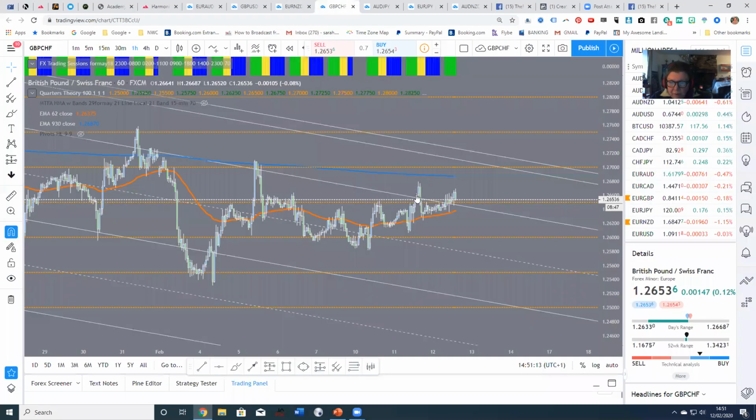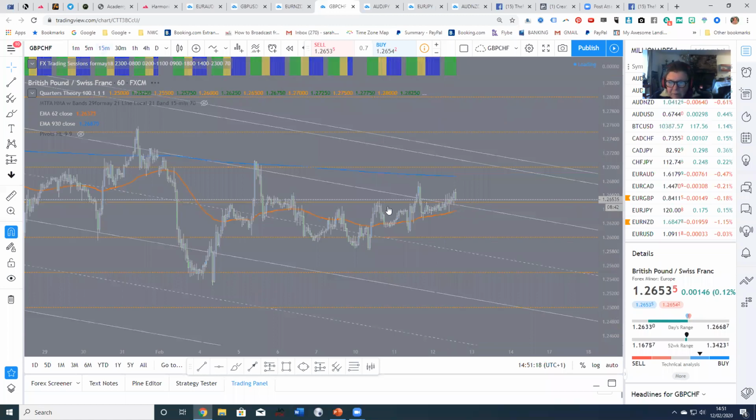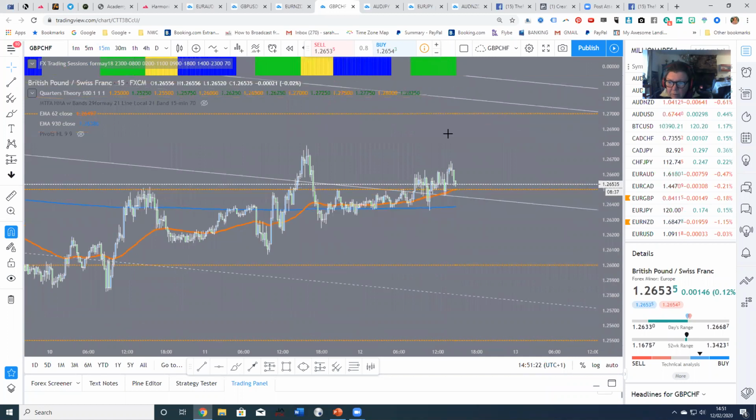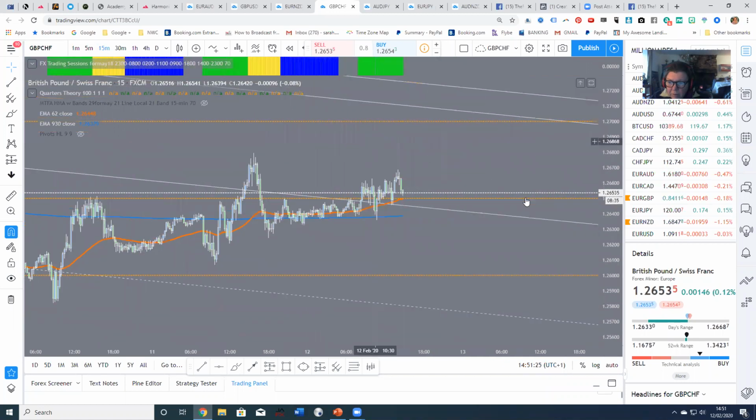G-Chef was one other that I was looking at. I thought it was going to sell, but it didn't like it, and it stayed above the 62, and now it's going for the buy. So actually there is a trade here. It's done a break and a retest of the pitchfork. Buy. Has it done it at least 10 pips? Yes, it has.